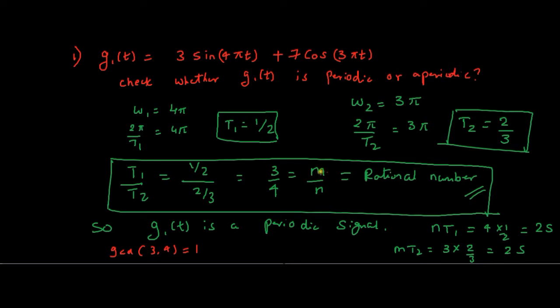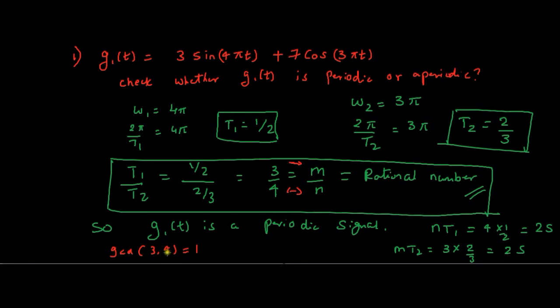So since g1 of t is a periodic signal, it should have a fundamental time period. It can be calculated by either n times t1 or m times t2, provided GCD of m and n is equal to 1. In our case, m is equal to 3 and n is equal to 4.